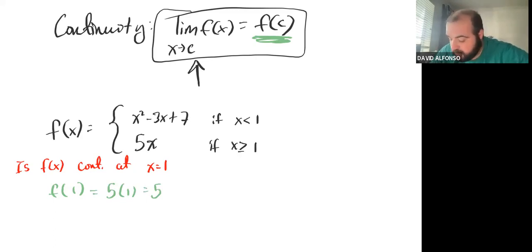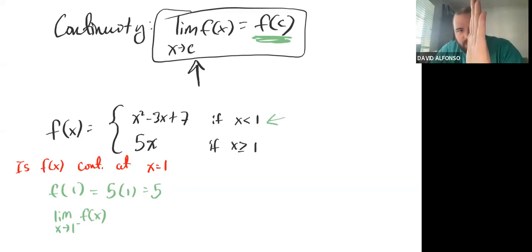Then you have to do the common limits. You say, okay, limit as x approaches 1 from the left. Well, you can do direct substitution, but which is the piece that exists to the left of 1? This one, because if x is less than 1, the domain of this first piece is from negative infinity to 1.